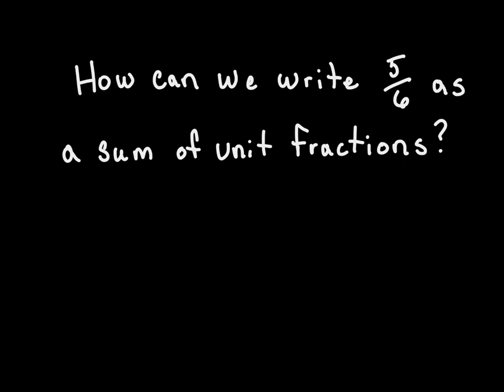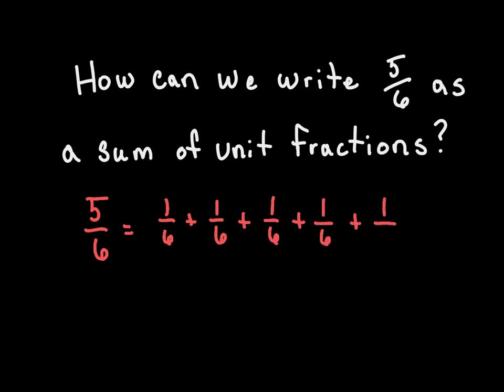How can you write 5/6 as a sum of unit fractions? Well, you can go 5/6 is equal to 1/6 plus 1/6 plus 1/6 plus 1/6 plus 1/6. That all decomposes down to 5/6.